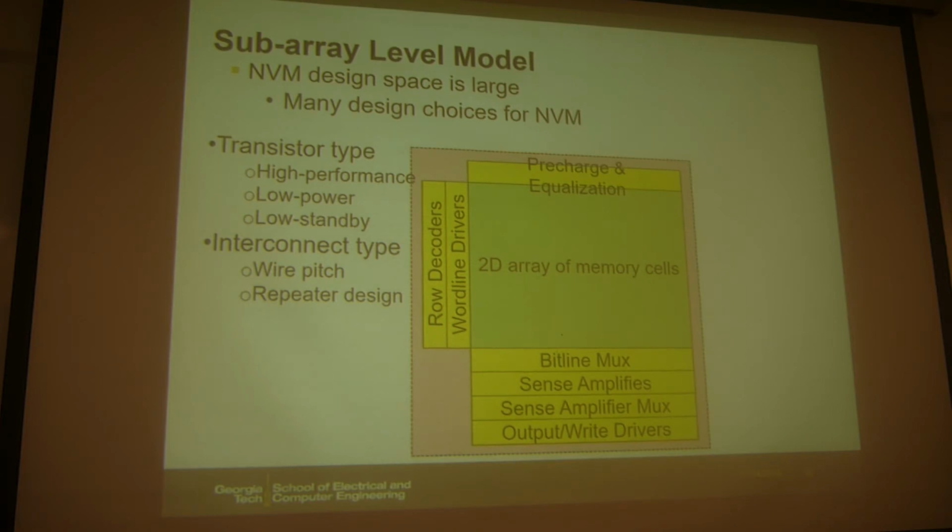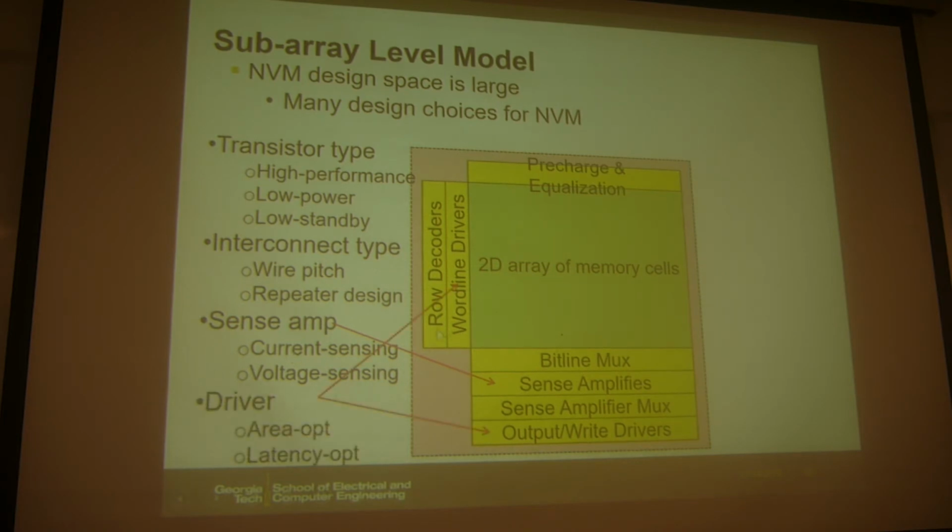Then you can have other design parameters like interconnect wire pitch and repeater design, which is a buffer for the interconnect. For the sensor, as we discussed, you can choose voltage sensing or current sensing. And for the driver, we discussed that you can optimize for area or optimize for latency.